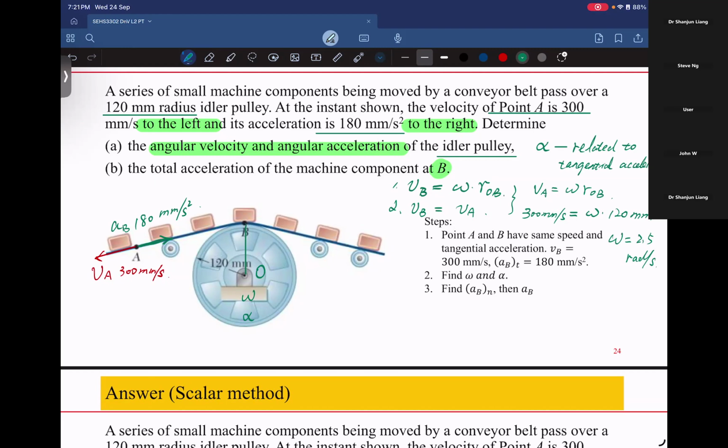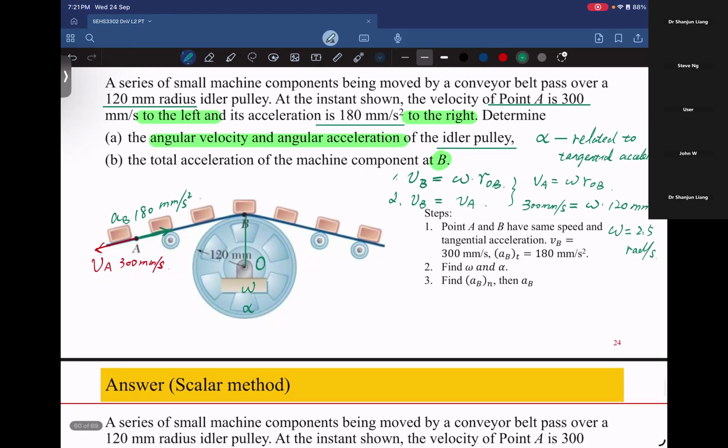Therefore, we find the tangential acceleration about B. Tangential acceleration about B, the speed change on B. We know tangential acceleration on point B has two possibilities.